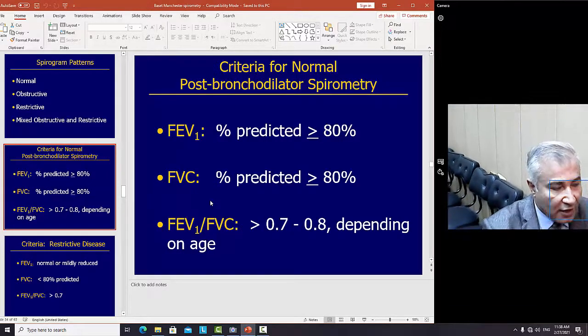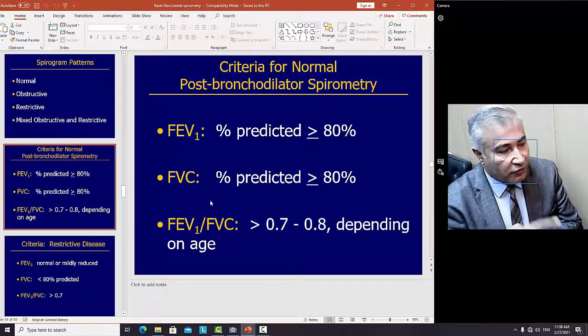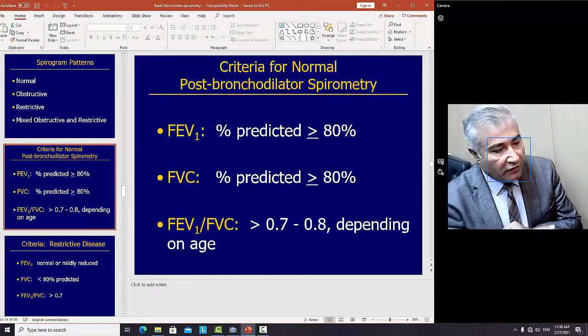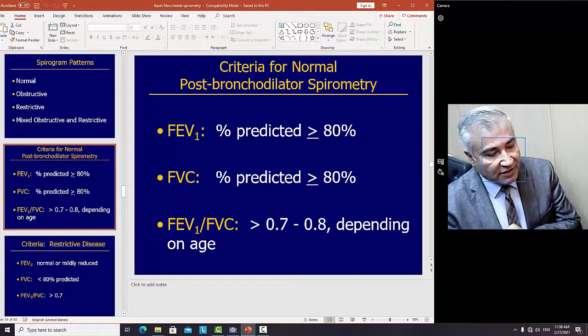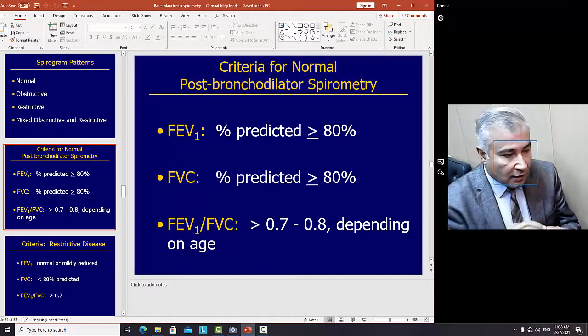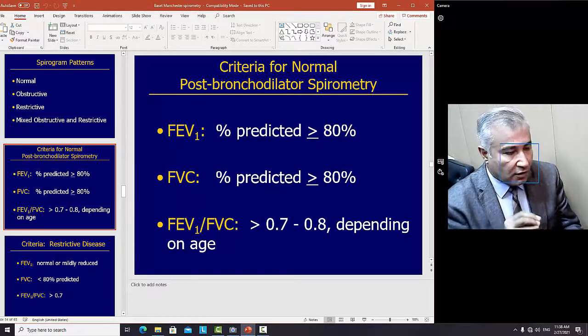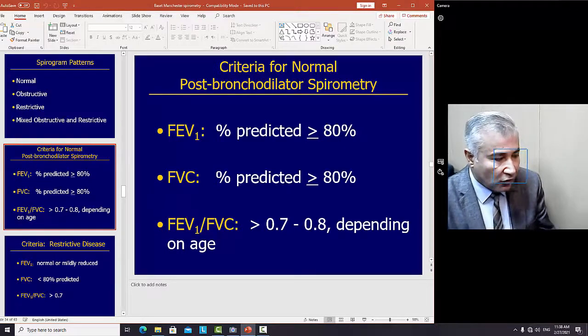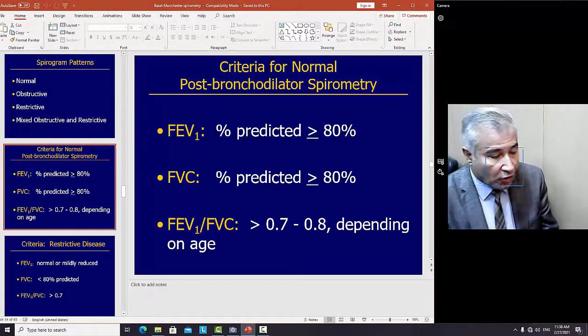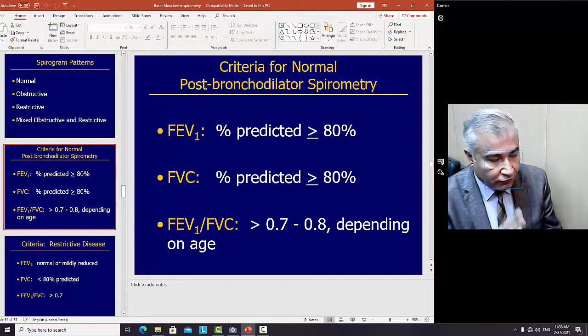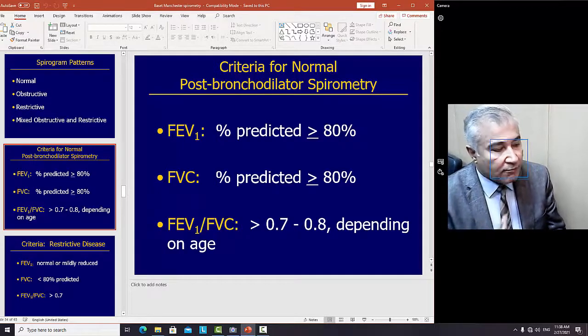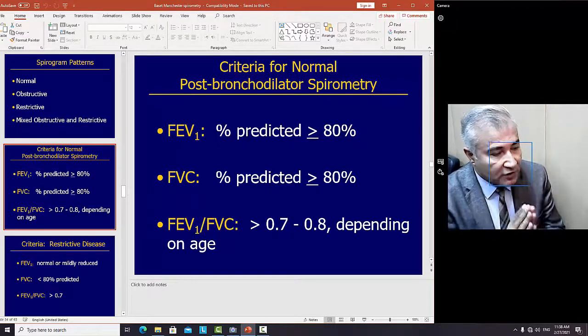It is named FEV1%, or FEV1 ratio, or FEV1 divided by forced vital capacity. The cutoff point used is 0.7. Forget 0.8, forget the normal predicted, but don't forget 0.7.